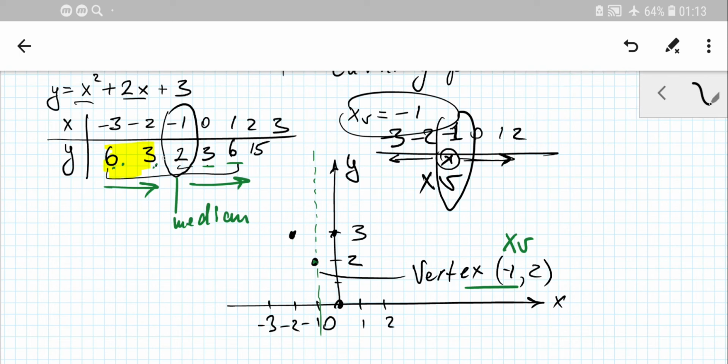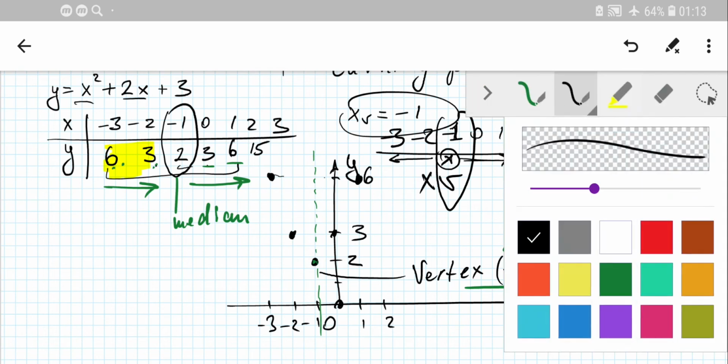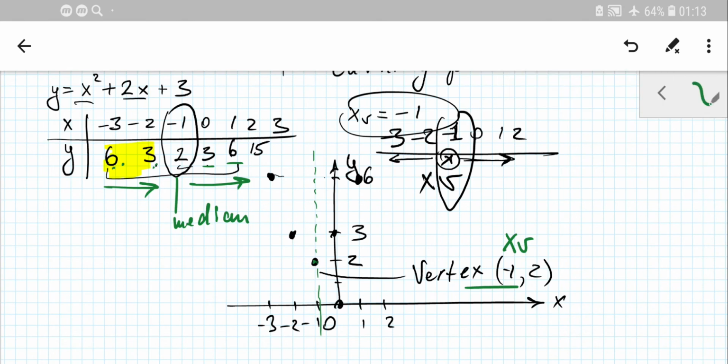So next one, we have -3 and 6. So let it be 6 here somewhere. And that's -3. And for 1, we also get 6. So 1 is here. And that's another point. Now we just use the green line to smoothly connect all the points.